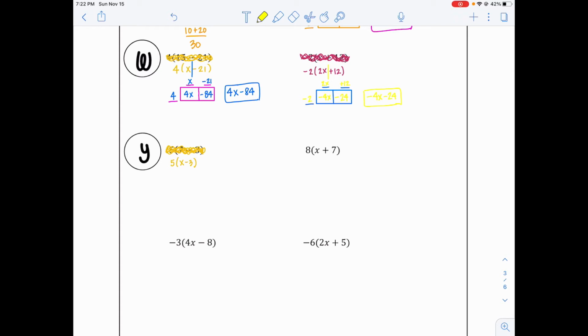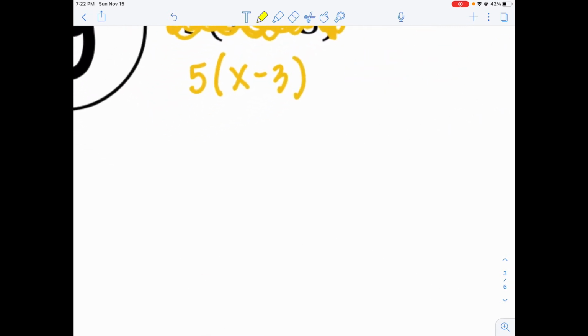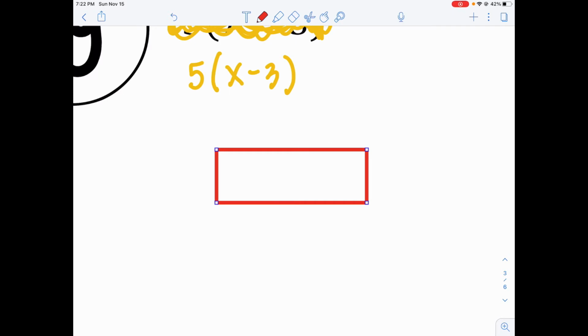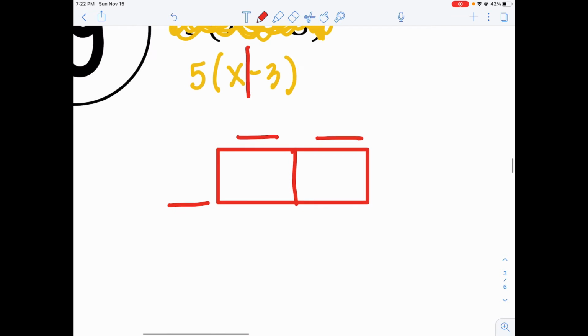All right, so for the first one, hopefully you changed it: 5 times x minus 3. So you should have done 2 boxes because there are 2 terms inside the parentheses, and then a number in front, a number above each one of them. 5 should go in front of the boxes, x goes above the first box, and then remember I take the sign and the number, so a -3 is my -3.